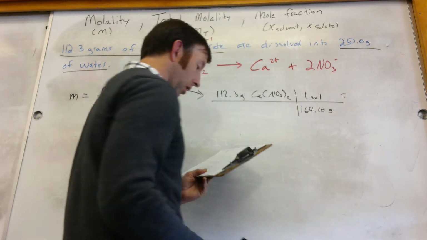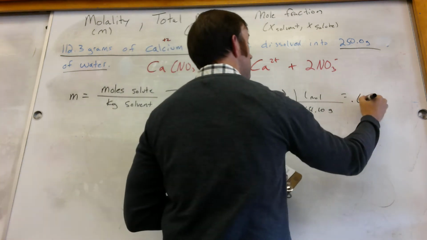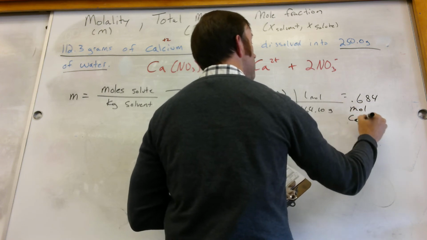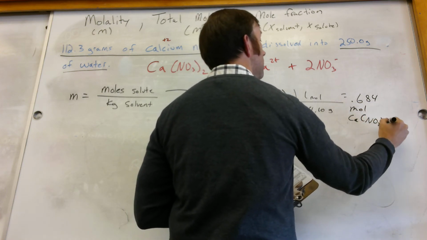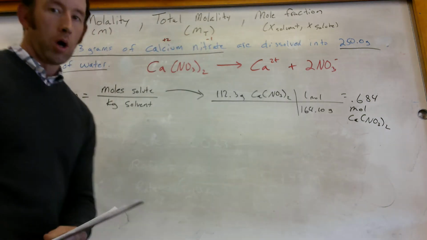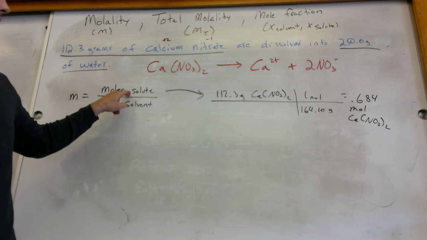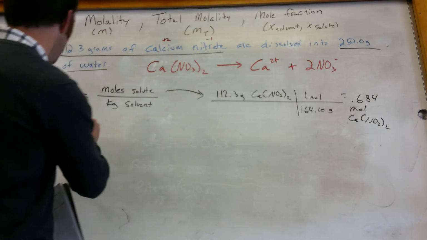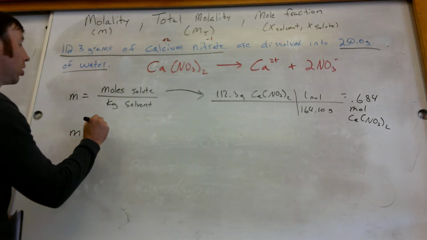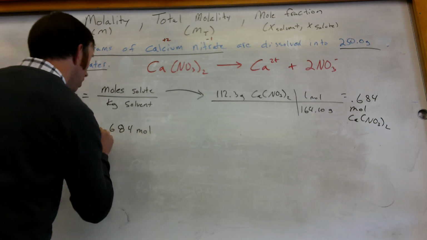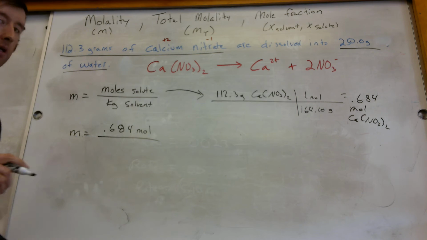And that gives me a whopping 0.684 moles of calcium nitrate. All right. So my number that goes in for moles of solute would be 0.684 moles. Right. So let's say little m is equal to 0.684 moles over a kilograms of solvent.